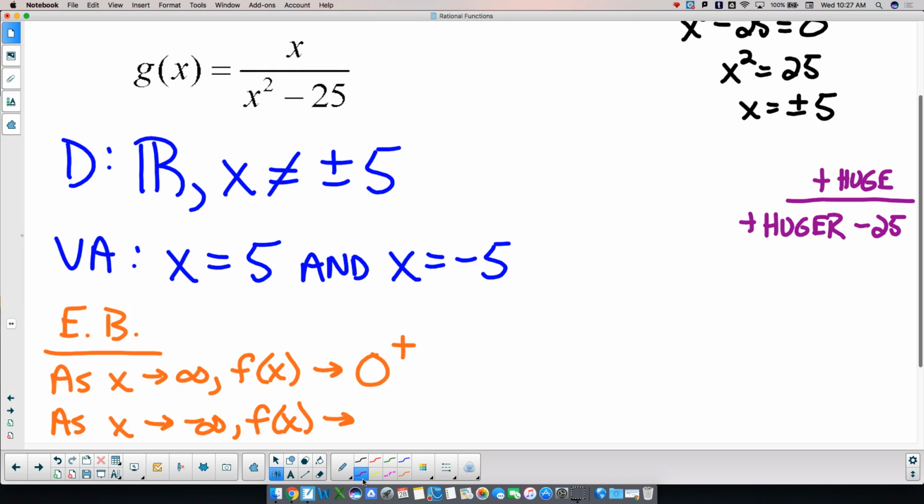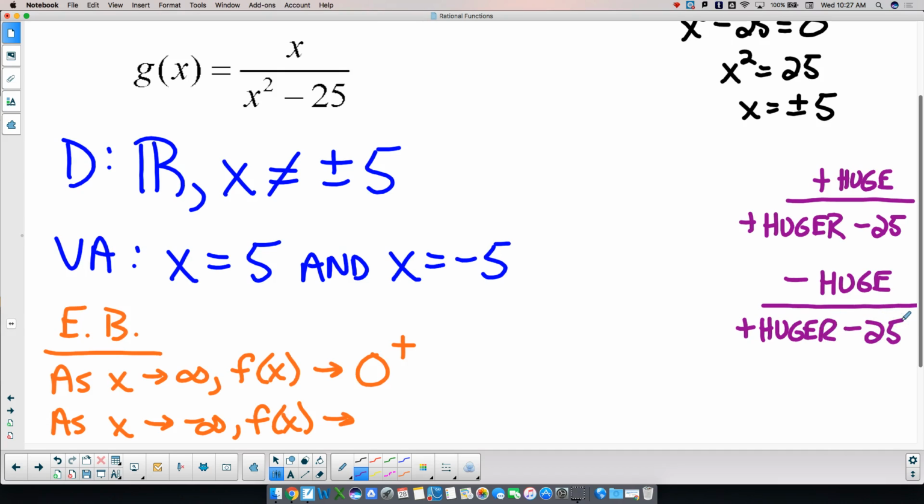Negative infinity now. Now I'm going to have a negative huge number. First off, I got to square it. Negative huge number squared is going to turn into a positive, right? So that's going to be a positive huger number minus 25.